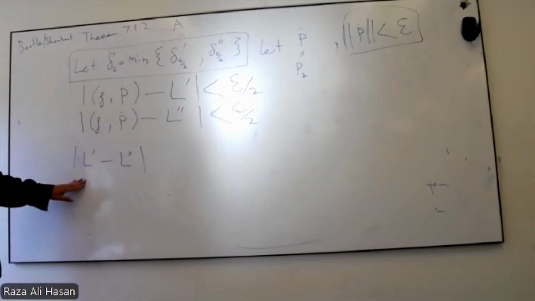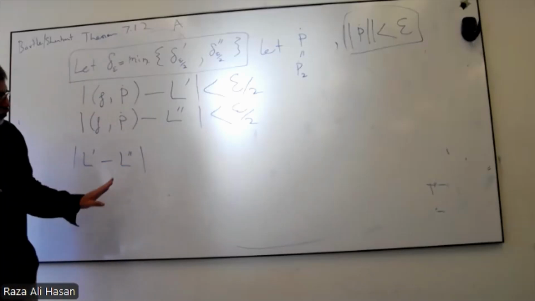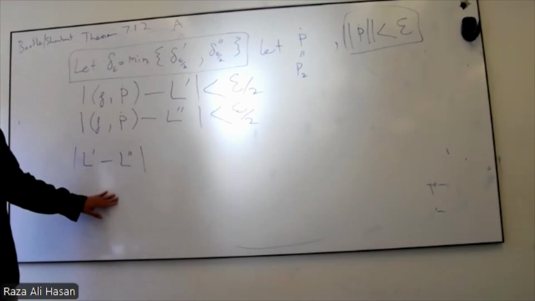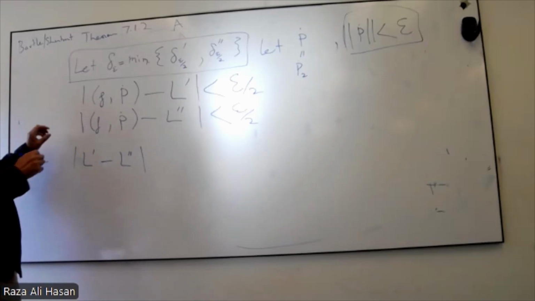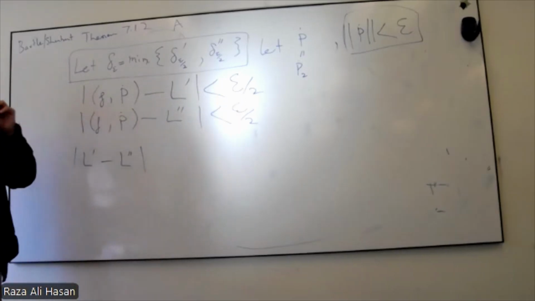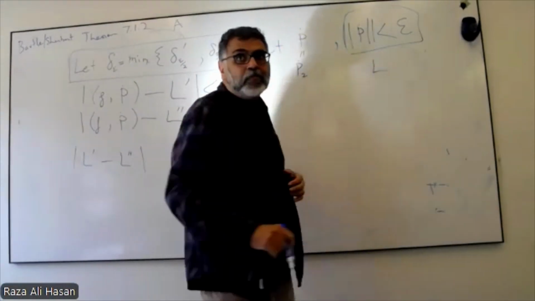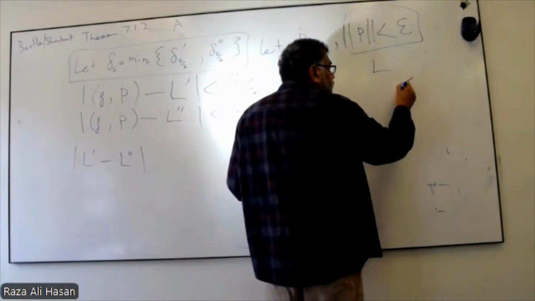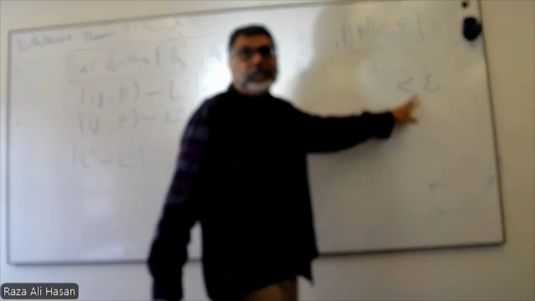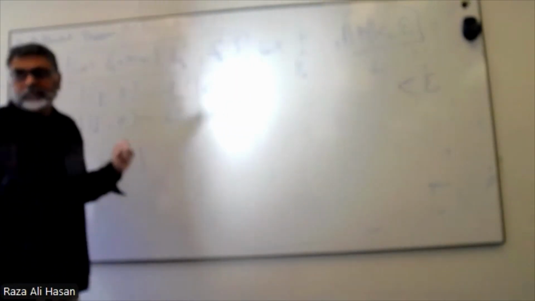So now we want to basically come up with one of these things rather than two, which will show us that the limit was just one single L. With the single L, this should be just epsilon, not epsilon divided by 2.